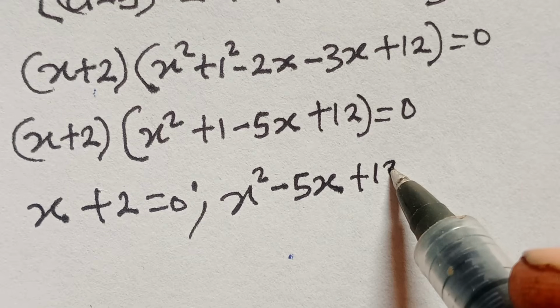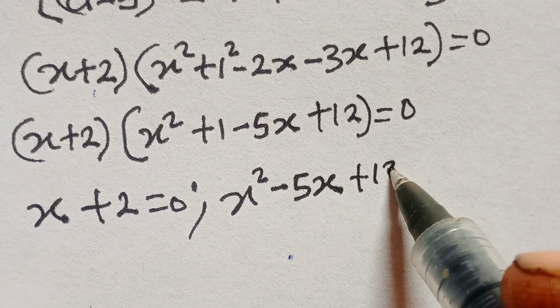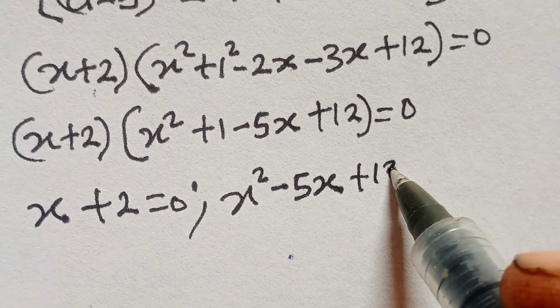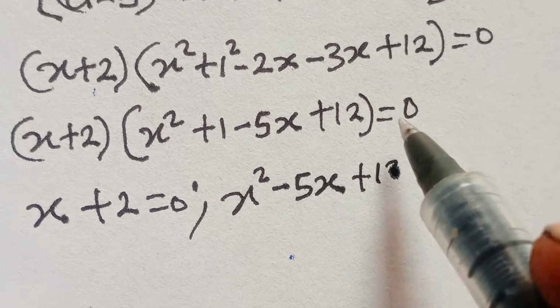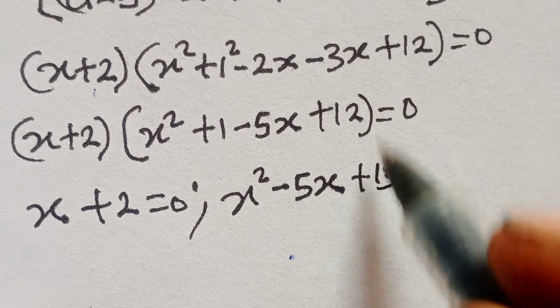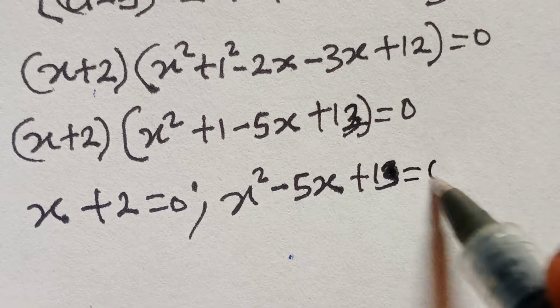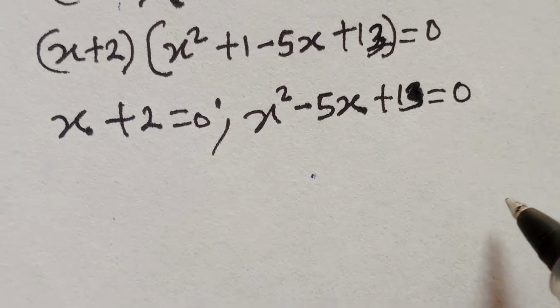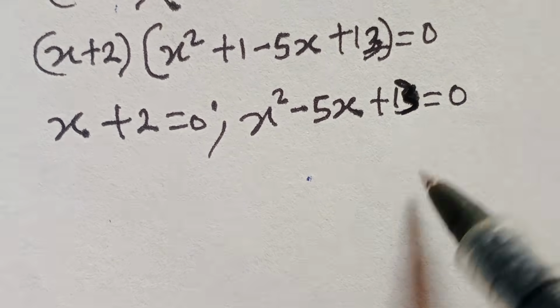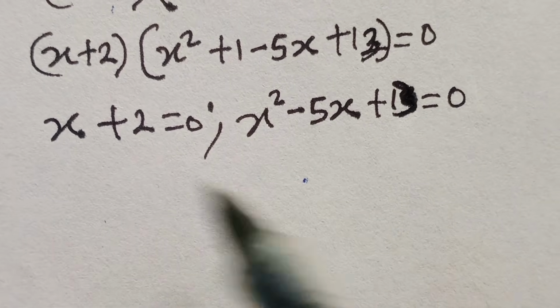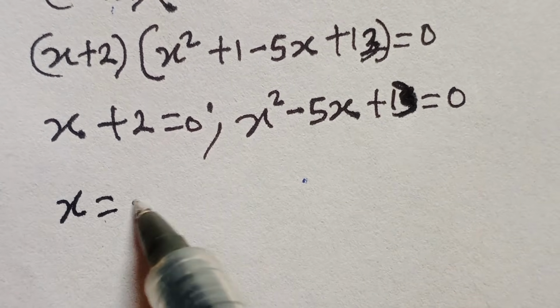Is it 13 or 12? So plus 13. Okay, plus 13, now equal to 0. Yes, this is 13. So therefore, from here, x is equal to minus 2.